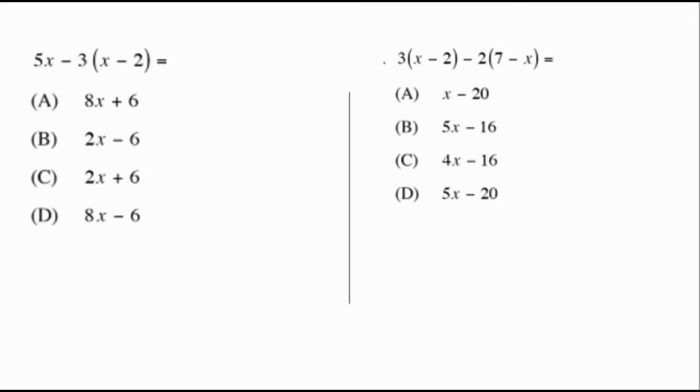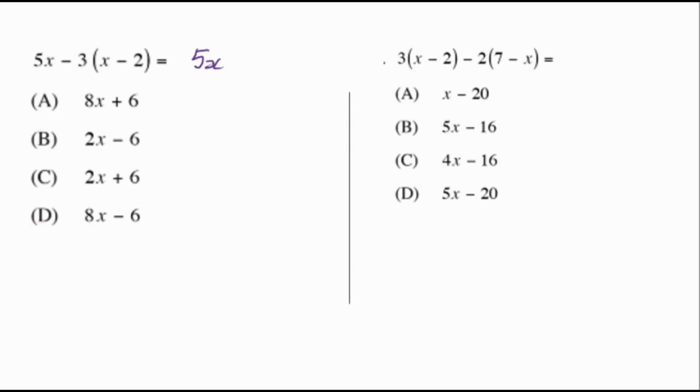Moving on. Now we are asked to simplify this expression there. So we go ahead using the rules of mathematics. We're going to work on the bracket first. So we're going to get 5x. Going to expand the bracket.